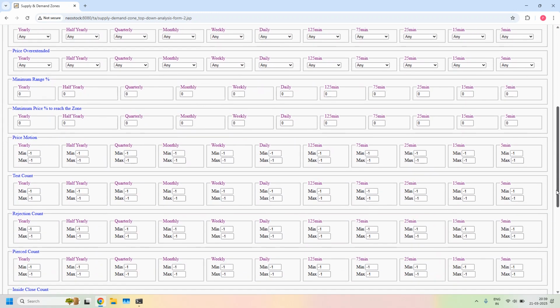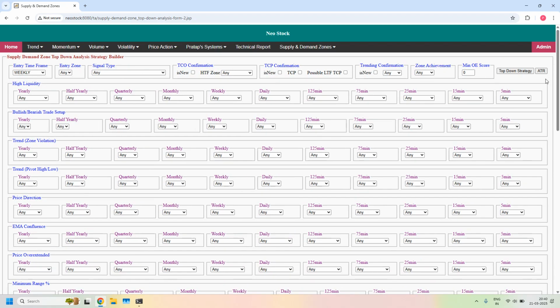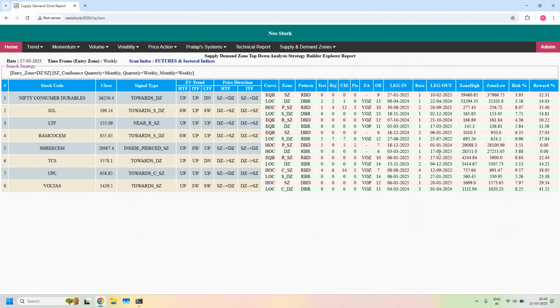In the supply zone confluence, weekly supply zone with monthly supply zone confluence filter enabled, weekly supply zone with quarterly supply zone confluence, and also monthly supply zone with quarterly supply zone confluence, all three filters. That is weekly overlapped with monthly supply zone, both together overlapped with quarterly supply zone. Let us find how many stocks we get. We got only 8 stocks.